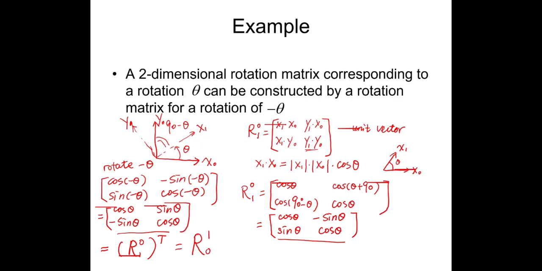Okay, interesting. So it means that if we do a rotation, we do an inverse of the rotation with negative theta, it will just become the rotation from 1 to 0. Okay, so it makes sense, right? So here we have the base frame x0 and y0.